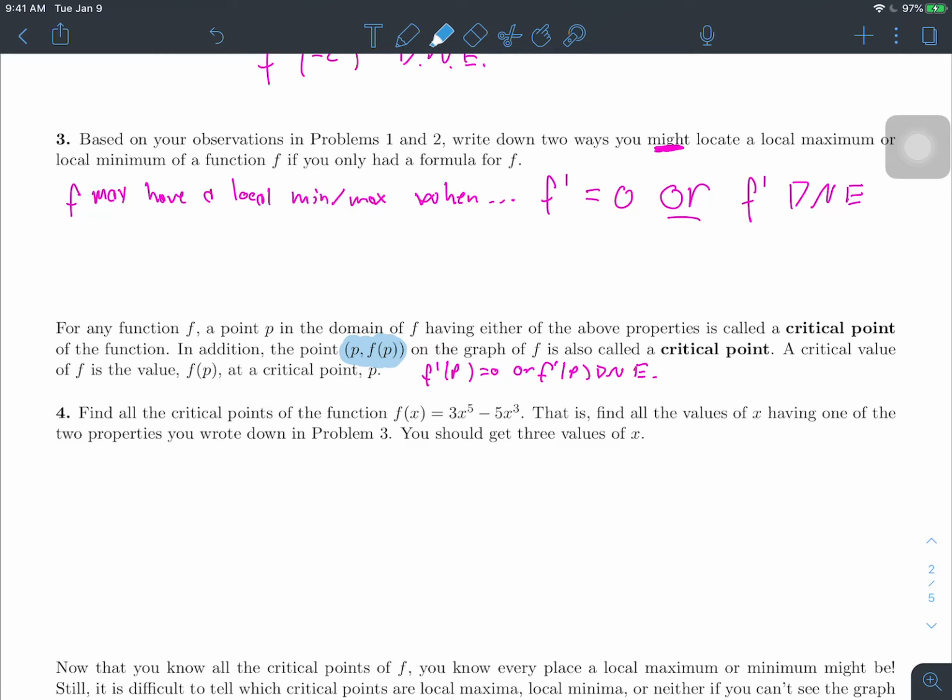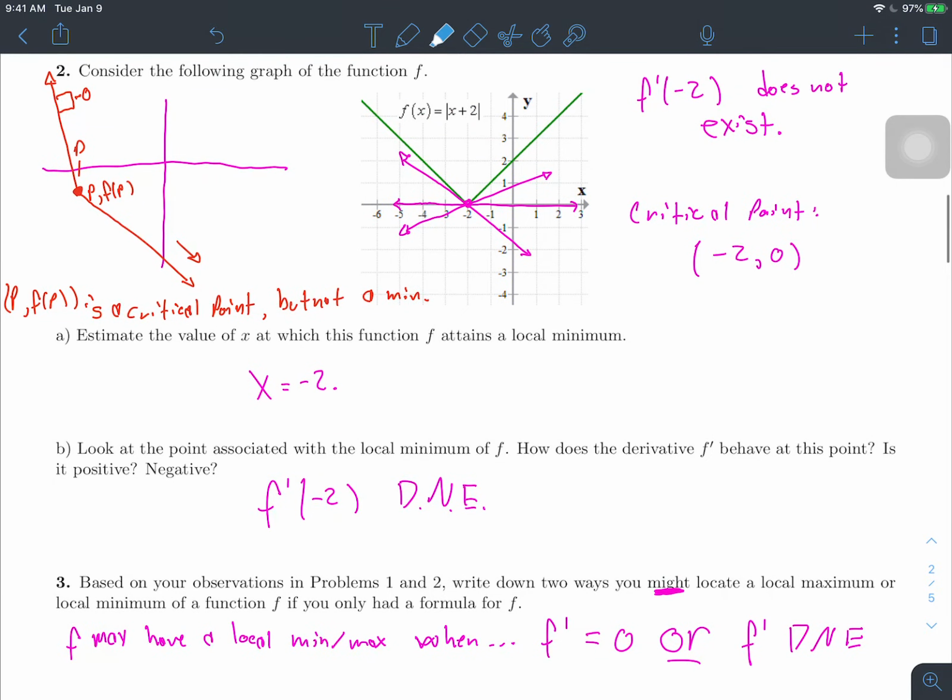Yes? So even though a point may not be a local maximum or minimum, it's still a critical point? Exactly. Such as in the case of the red problem, p comma f of p here is a critical point, which means that it sort of is a candidate for a local max or a local min. However, upon closer investigation, it wasn't.